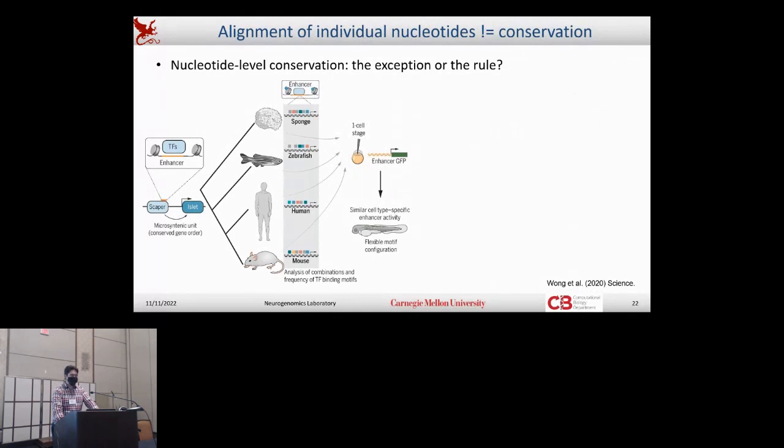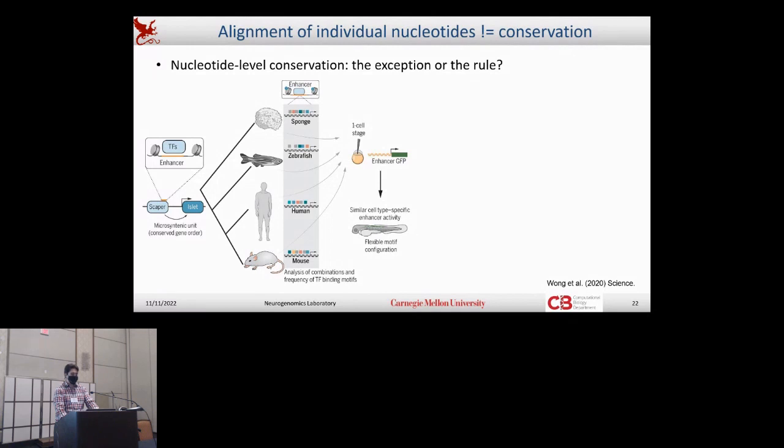And so we were motivated by papers like this, showing that you can actually have conservation of function of regulatory elements in the genome, even if you don't necessarily have conservation of individual nucleotides. In this one paper, for example, they found that there's this enhancer that regulates the gene Islet.